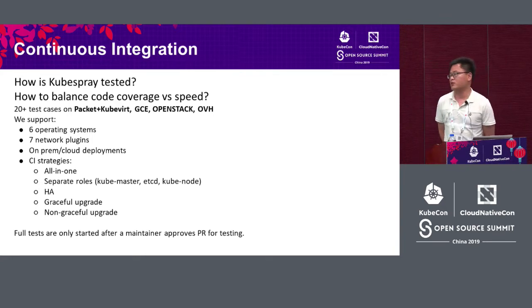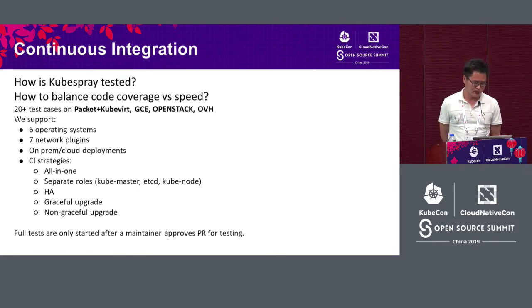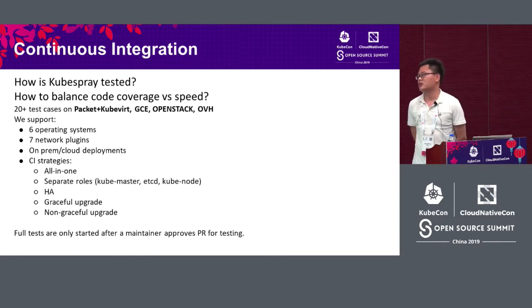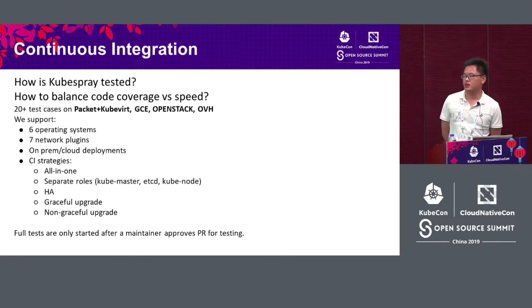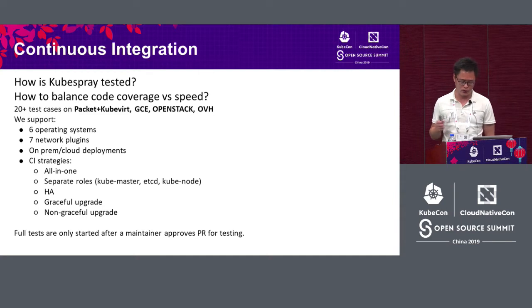Currently, our CI has been put in Packet, which is a provider. We have created a 10-node Kubernetes cluster and installed KubeVirt. Through KubeVirt, we build virtual machines, and through Kubespray, we deploy Kubernetes clusters and test.